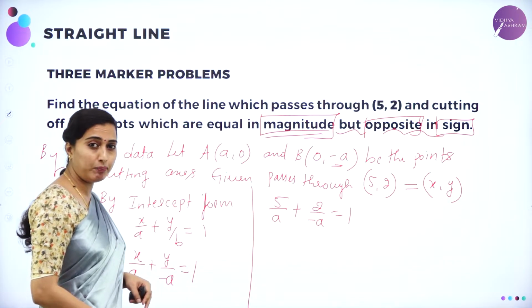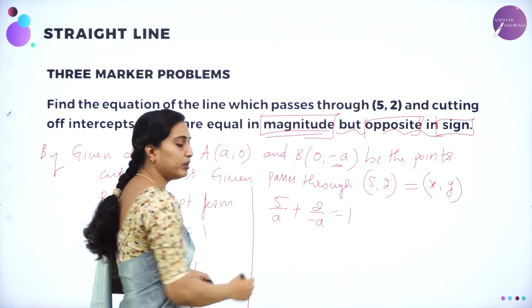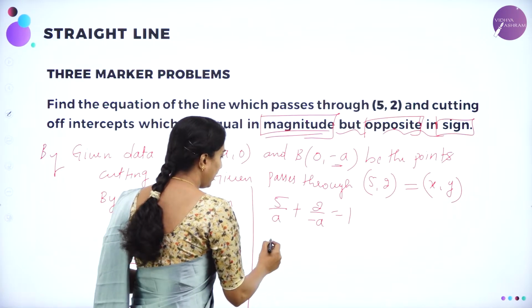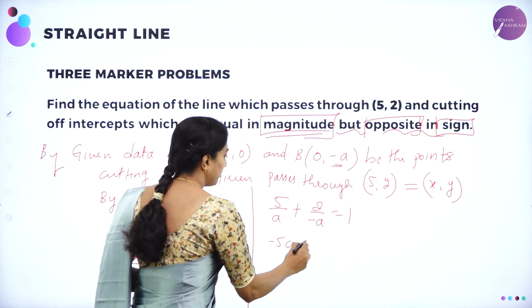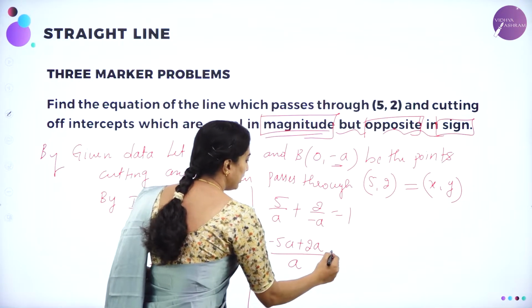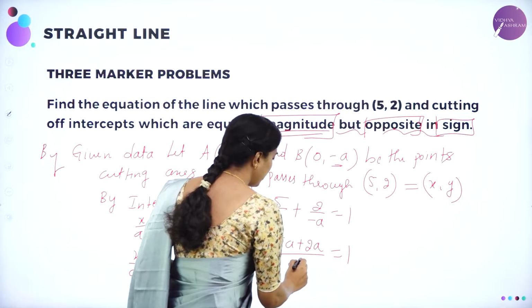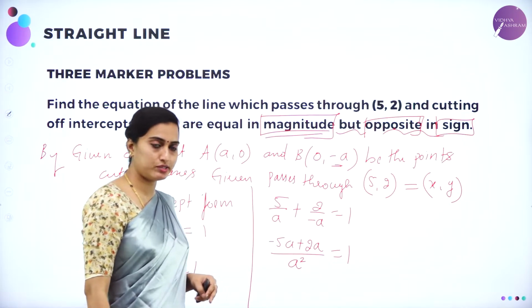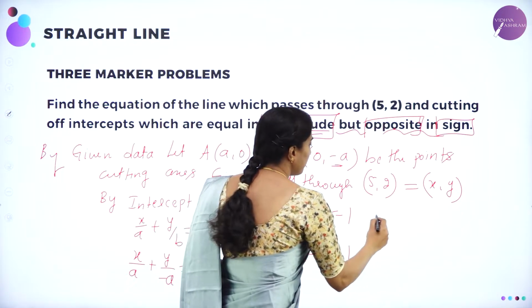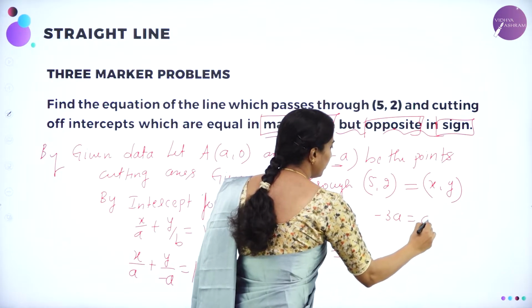You can cross multiply here. You can take A as the LCM, which implies minus 5A plus 2A divided by A equals 1. So A squared, you can take as LCM if you cross multiply. Therefore minus 5A plus 2A is nothing but minus 3A is equal to A squared.